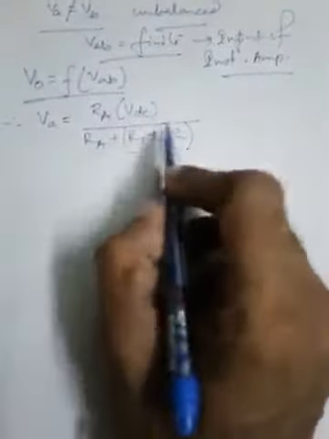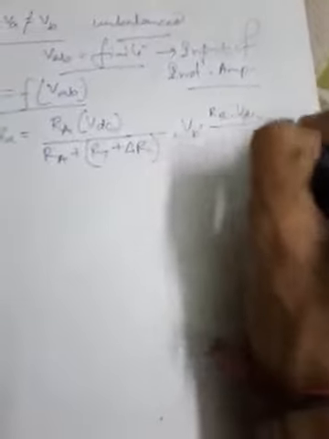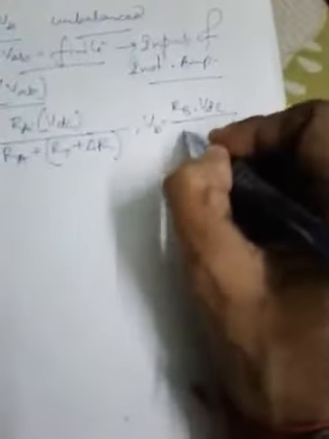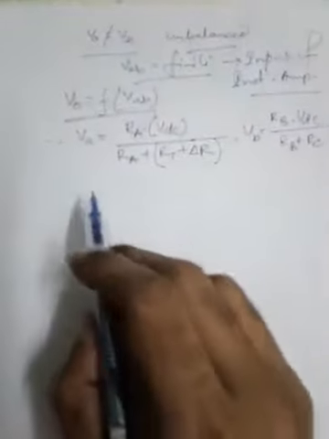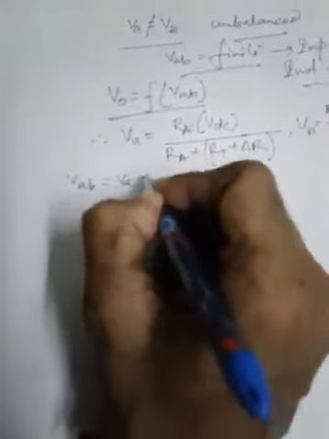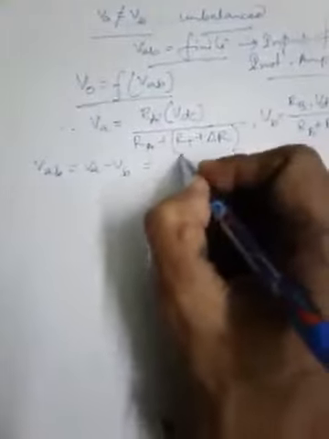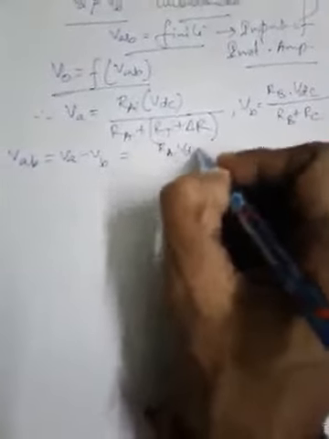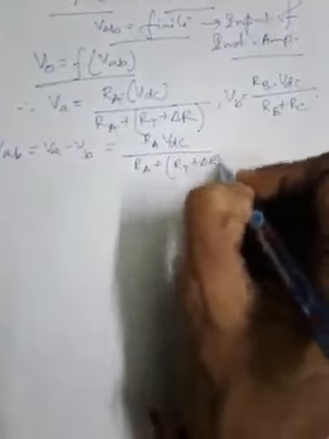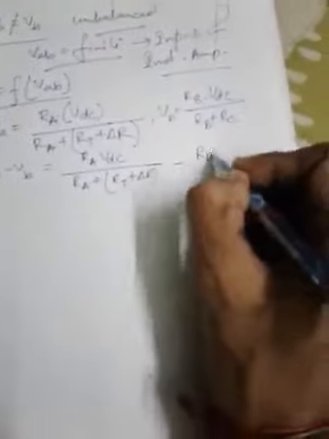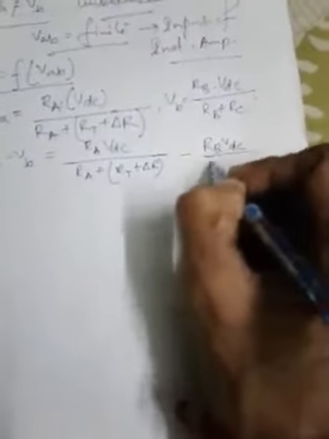Now it is unbalanced, so it is RT plus delta R. And VB is given by RB into VDC divided by RB plus RC. Consequently, the voltage VAB across the output terminals of the bridge is given by VA minus VB, and therefore, substituting from above, RA VDC divided by RA plus RT plus delta R, minus RB VDC divided by RB plus RC.